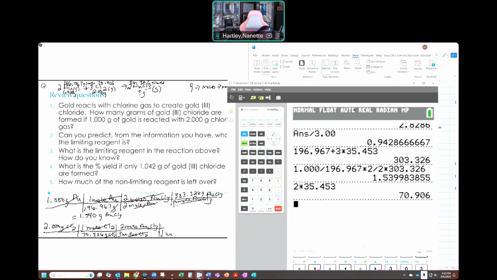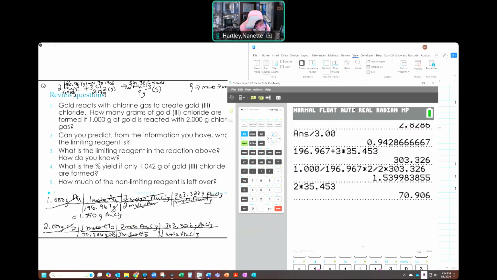One mole of AuCl3 is 303.326 grams of AuCl3. Now I thought that I needed to change it because there were 2 moles in the stoichiometry, but remember what I said before, and I forgot this because I was screwing myself up. We took into account the stoichiometry right here. So this is the stoichiometry from that balanced equation.